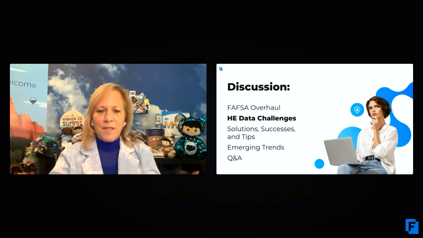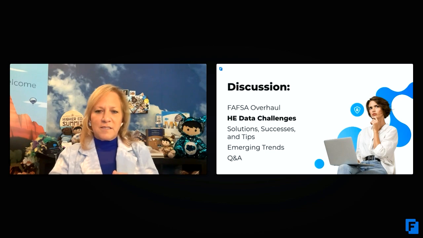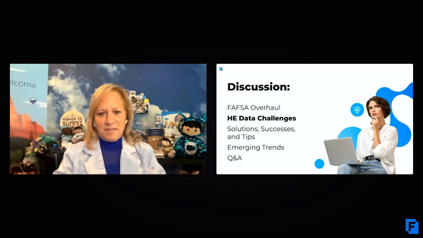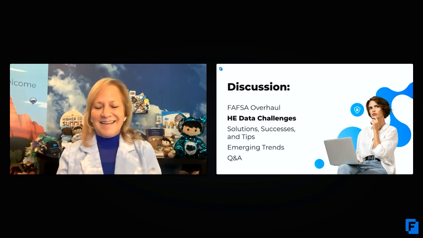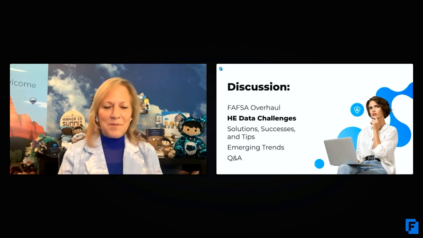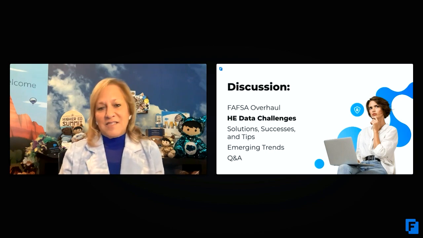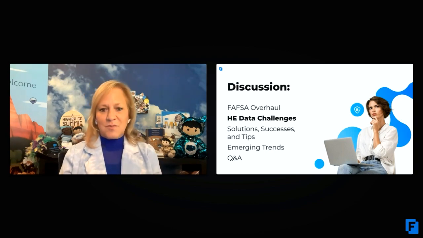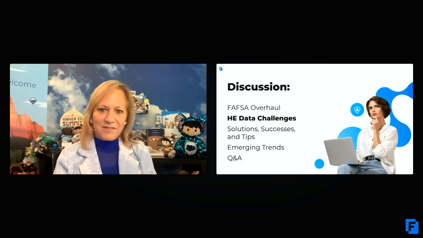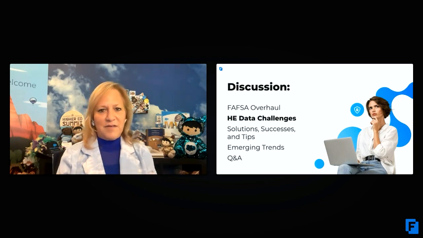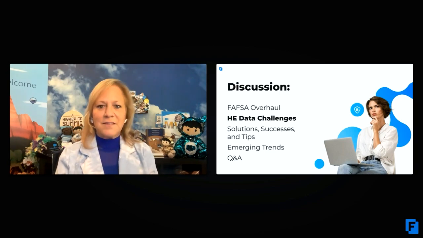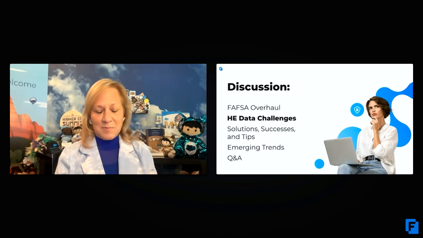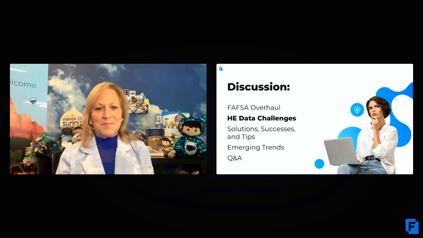At Unity, we have completely replaced the SIS with Salesforce, using Education Cloud. So it's almost like I asked Andrew to bring this up, in that we don't have the same challenges that most schools do, because we are using a modern cloud-based system that lets us have not only a label and an API name, but I can have as many display names as I want for any purpose I want.